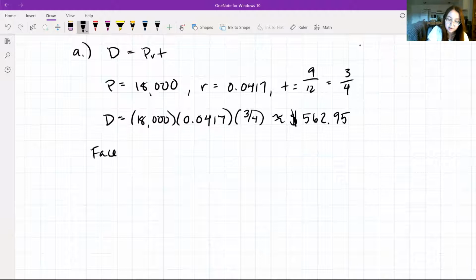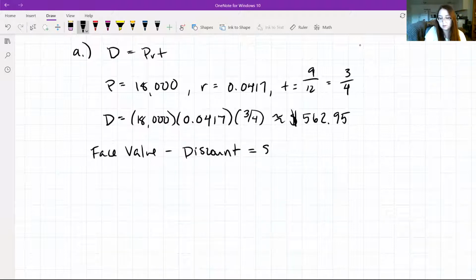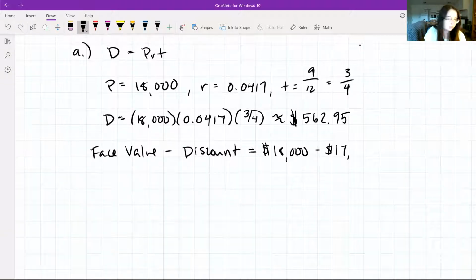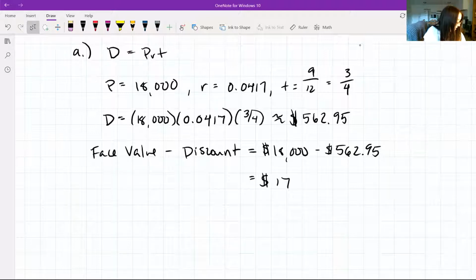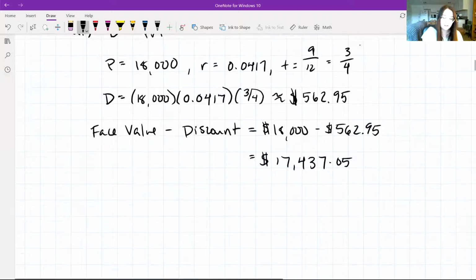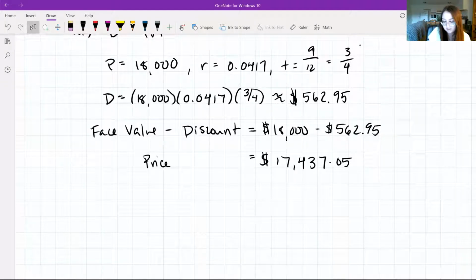So we take our face value minus our discount, which is 18,000 minus $562.95, and we end up getting $17,437.05. And this will be our price of the T-bill.